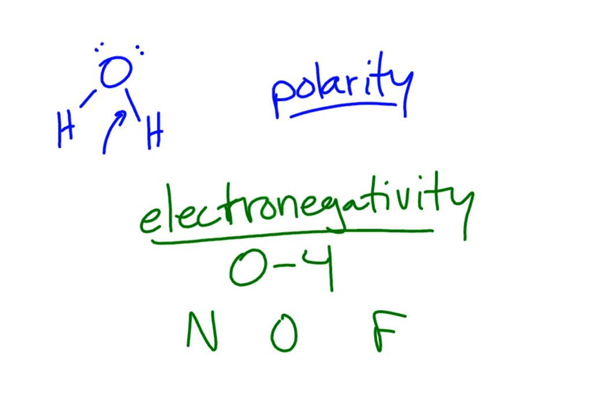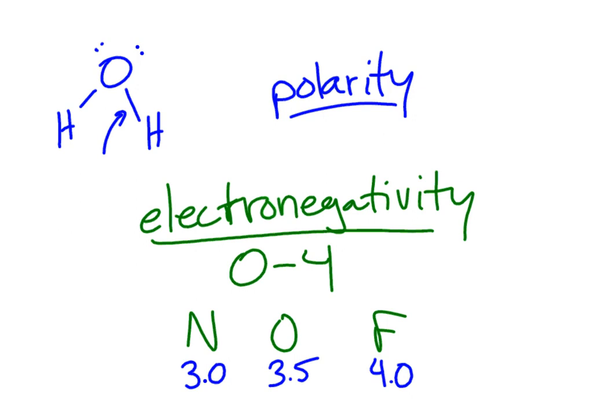Well, as it turns out, when I look at their electronegativity values, which are in your book, nitrogen's 3.0, oxygen's 3.5, and fluorine's 4. Fluorine is by far the most electronegative atom there is. So it makes sense that as my atoms get smaller, the electronegativity would be increasing because those electrons are closer to the nucleus, which means they're going to be pulling on those electrons even more.